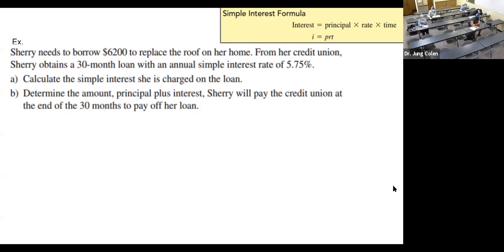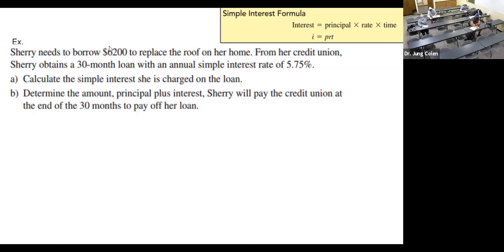So let's say you or your mom is borrowing money, $6,200 to replace the roof on her home. From her credit union, Sherry obtains a 30-month loan with an annual simple interest rate of 5.75%.